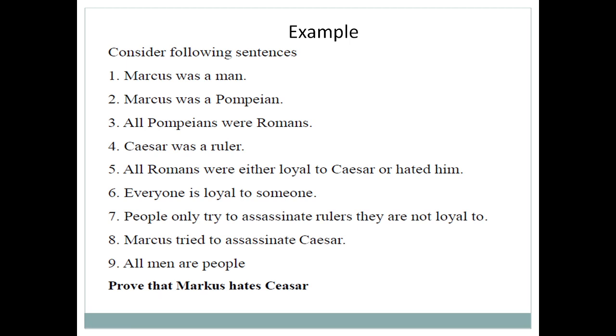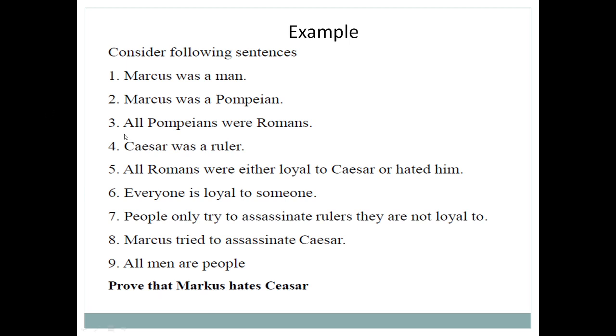When you are talking about all, everyone, such kind of words being used in a statement, at that time you have to use inverted A. That is called for all. You need to use the for all symbol whenever we are talking about all, each, everyone, like this. So you need to use the universal quantifier, and the universal quantifier is represented by inverted A.